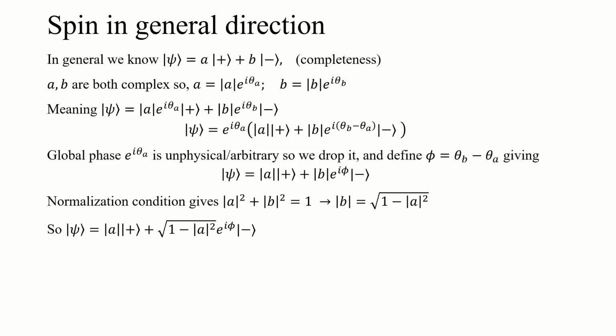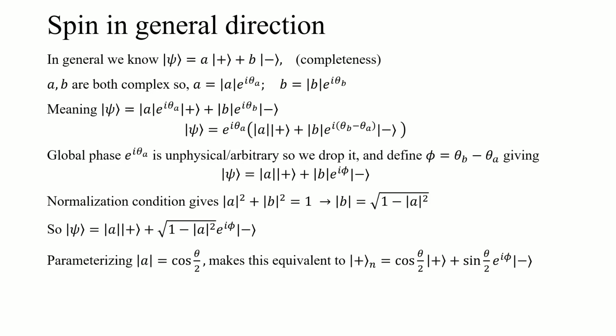And from there, if we parameterize the magnitude of a as cosine theta over 2, that substitution and a trig identity gets us exactly the same as writing our spin up in the n state that we had in the previous slide.